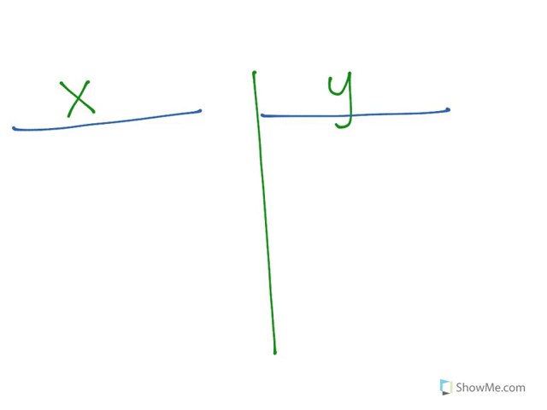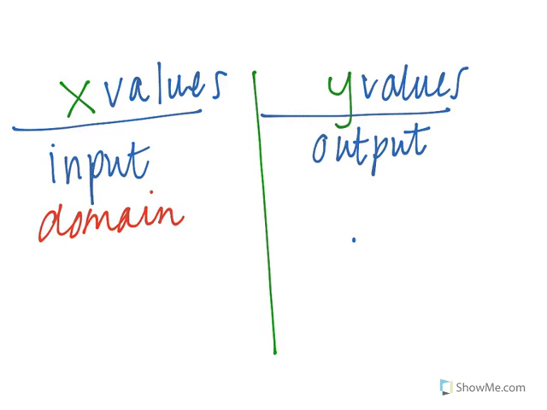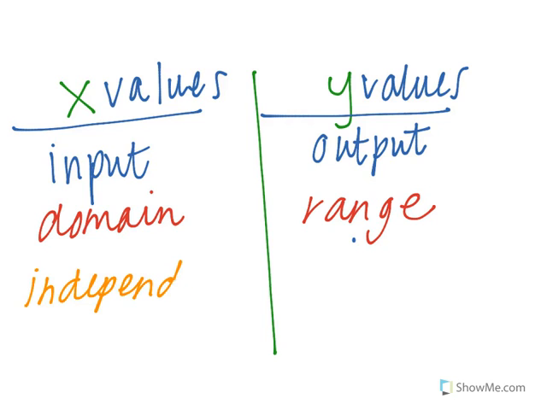So when we're talking about y values and x values, x values are also called input, y values are called outputs, x values are called domains, y values are called the range, x values are called independent, and y values are called dependent.